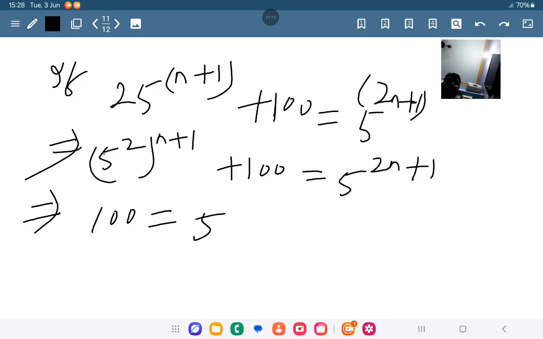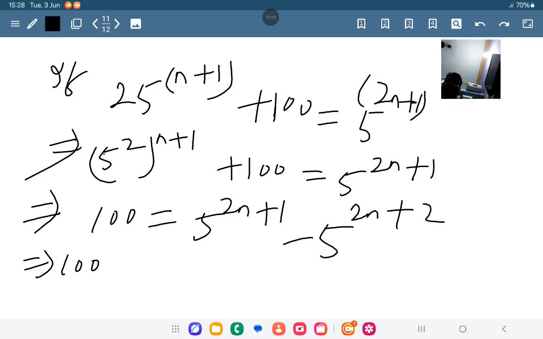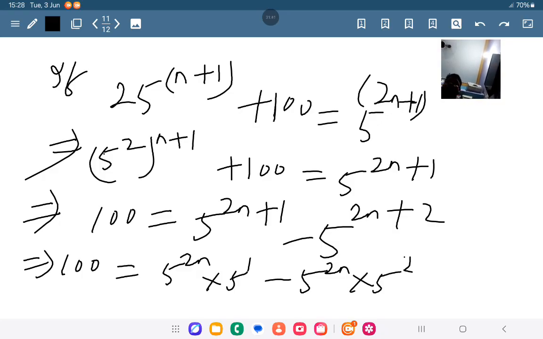Here 5 to the power 2n plus 1 will be minus 5 to the power 2n plus 2. Okay, that implies 100 is equal to 5 to the power 2n into 5 to the power 1 minus 5 to the power 2n into 5 to the power 2.